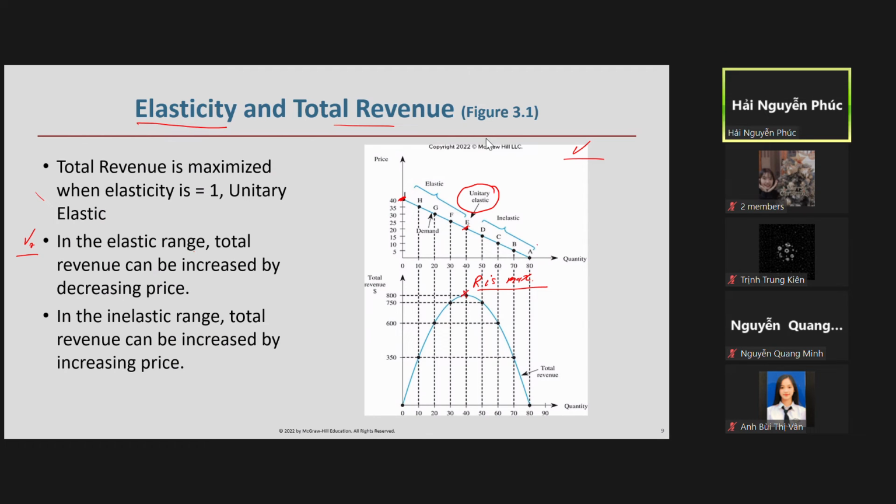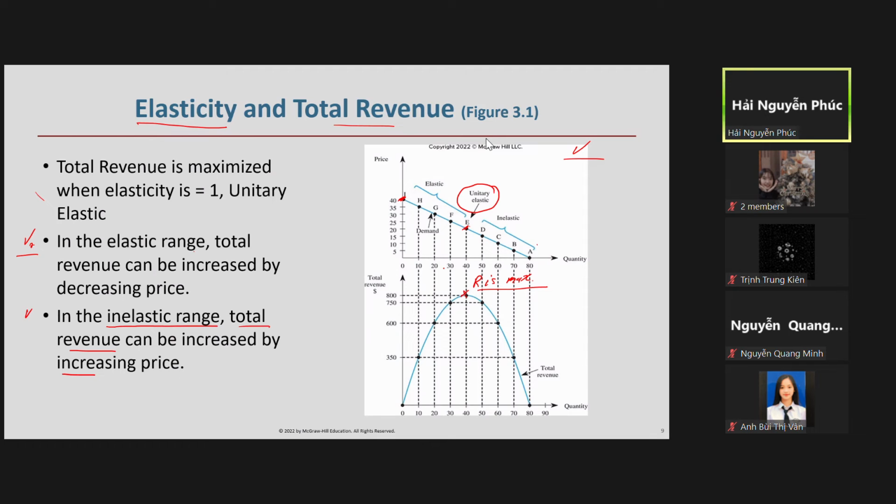If we set the goal of increasing the revenue, then we should decrease the price. In the inelastic range of demand, if the firm sets the goal of increasing revenue, then they should increase the price.